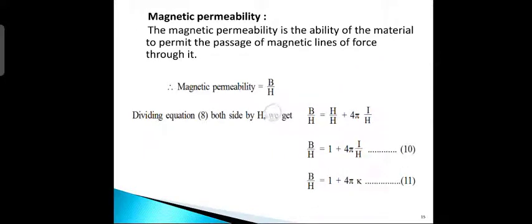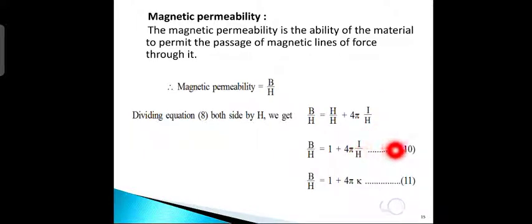It is represented as B by H. Divide equation 8, given in the previous slide, on both sides by H. So you get B by H is equal to H by H plus 4 pi into I by H. H by H is 1, therefore B by H is equal to 1 plus 4 pi into I by H. Let this be equation 10.